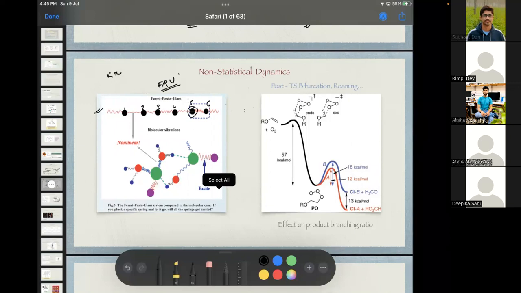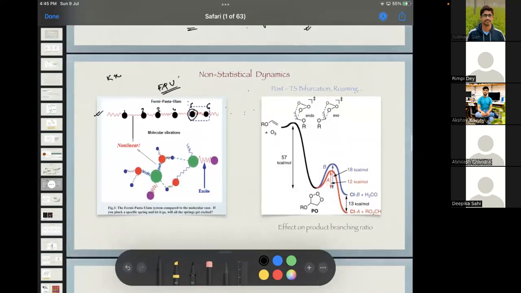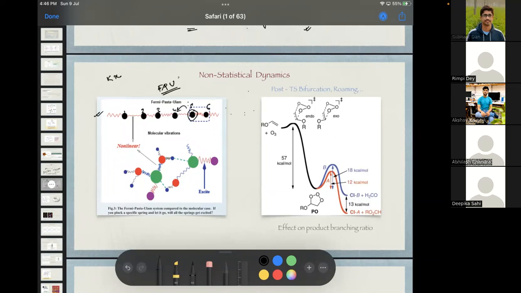Now, what they observed is that the energy from the fifth mode can get localized. Let's say from the fifth mode to the fourth mode, it is getting transferred very fast. Then in the fourth mode, the energy can get localized, or it can spend a certain amount of time in this oscillator, depending upon the coupling strength and coupling type, the form of the coupling, etc. So what is happening here is that energy is not getting transferred very fast from the fifth mode to all possible vibrational modes, right?